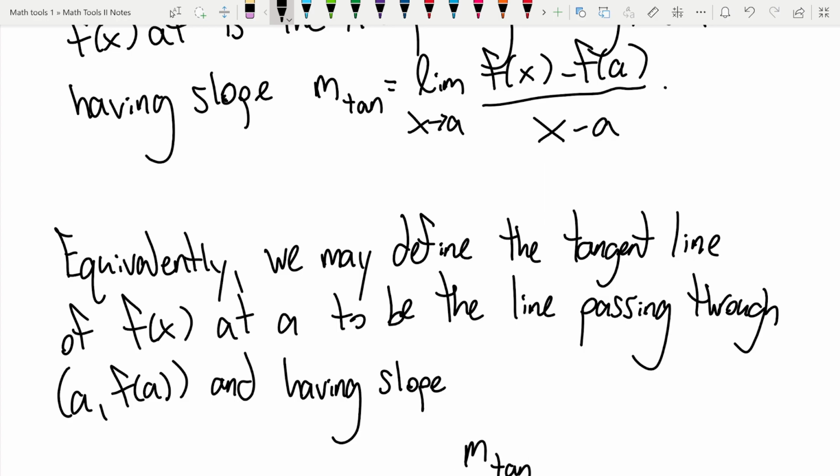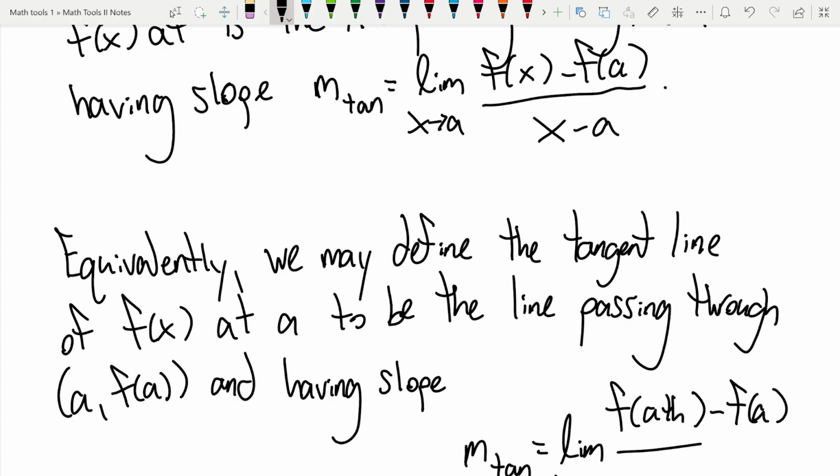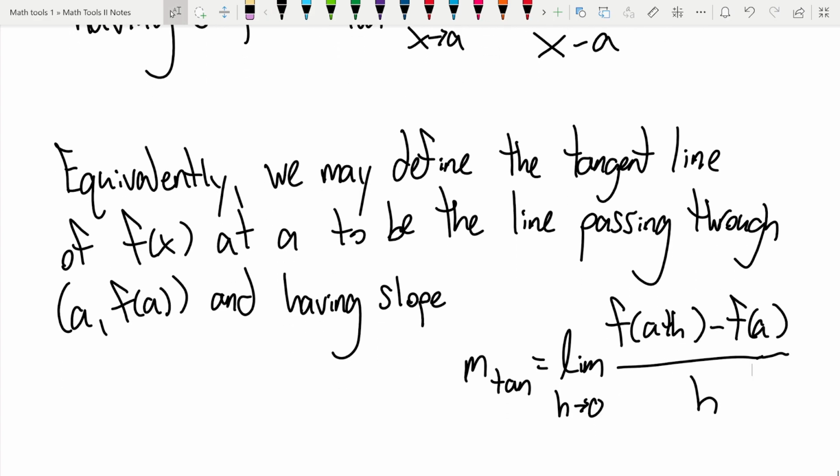and having slope, and I'll write it down here so it's kind of on its own. M tangent is equal to the limit as h approaches 0 of f of a plus h minus f of a, divided by h. Okay, so this is the one that we saw before. The bottom would be a plus h minus a, and the a minus a would cancel out, and then you're just left with h.